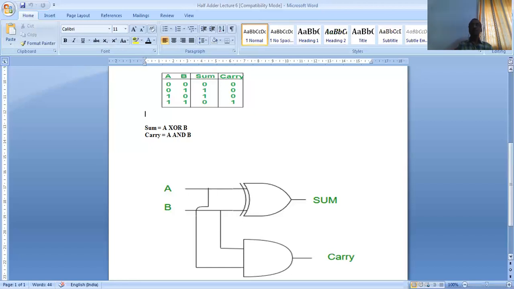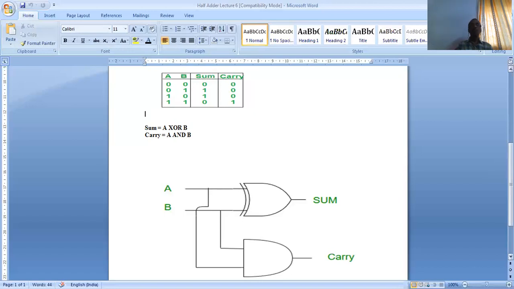Here sum is equal to A XOR B and carry is equal to A AND B. A AND B means A multiplied by B. A XOR B means A plus B. Okay?